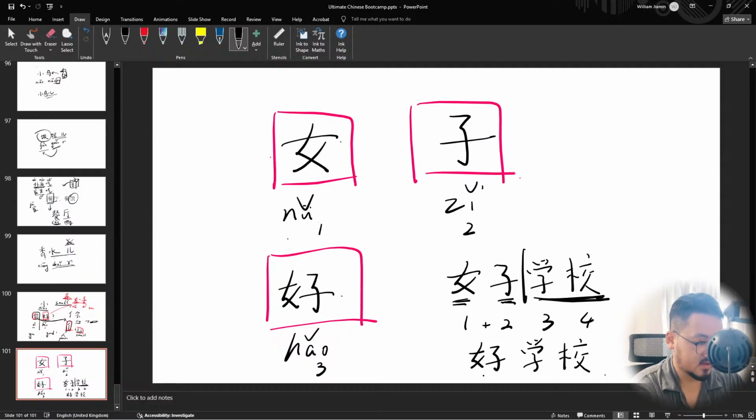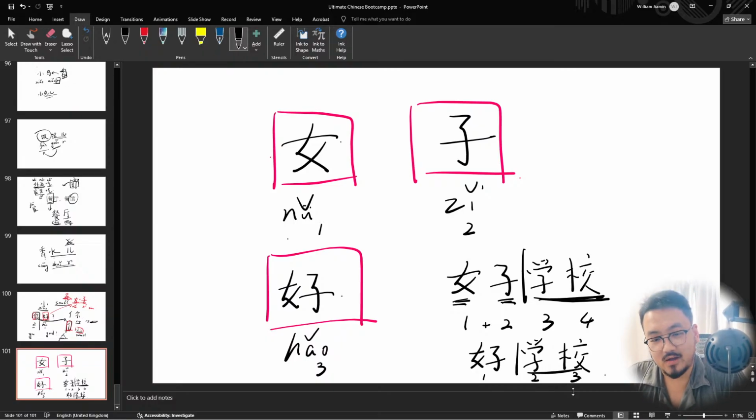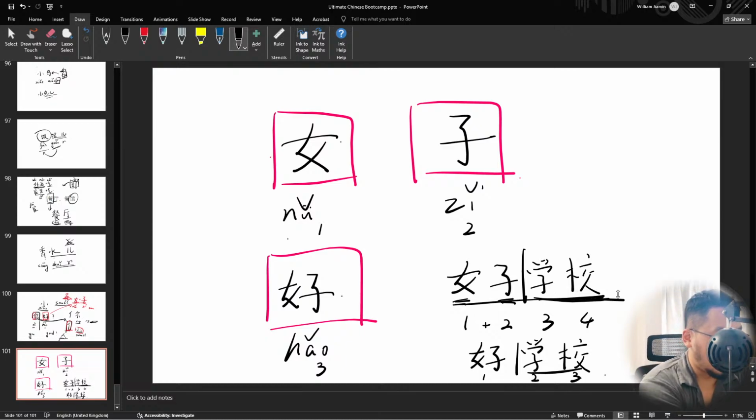That's different, right? So this is character 1, character 2, and character 3. 好 means good. 学校 is still school. So 好学校 becomes good school. A lot of parents want students to go to 好学校, right? Go to the good school, like a private school or something like that, right? But this is a completely different meaning. One is the girls-only school. The other is good school.